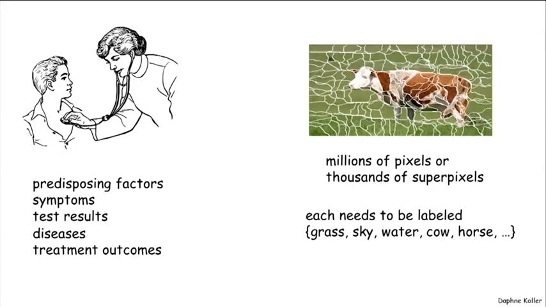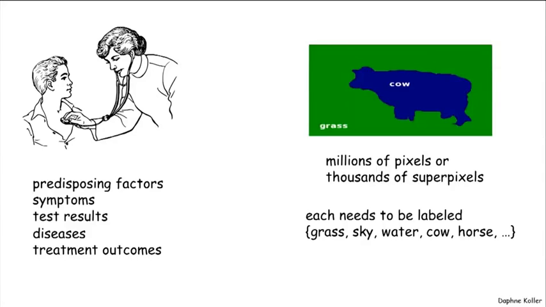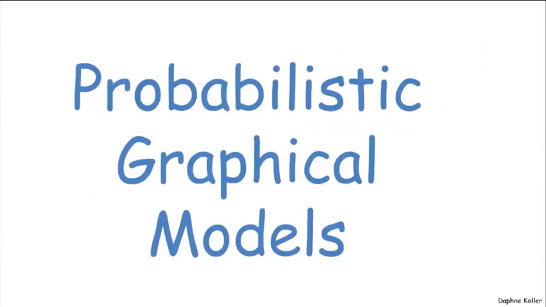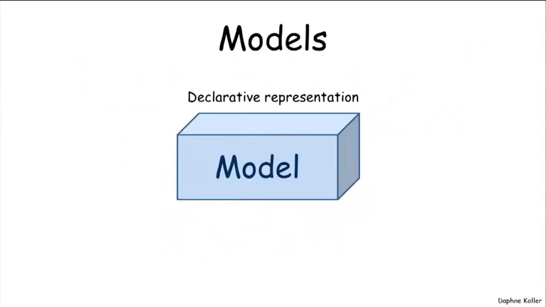The second thing that these applications have in common is that fundamentally there is going to be significant uncertainty about the right answer, no matter how clever the algorithms that we design. So probabilistic graphical models are a framework for dealing with this kind of application. So let's first understand what each of these words mean in the context of this framework.